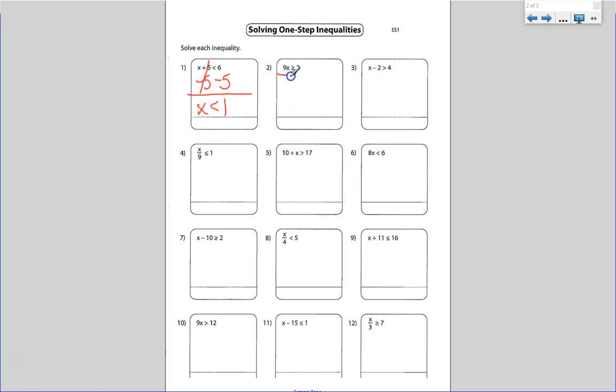Again, we divide by that coefficient and do it to both sides, so those 9s cross out. x is greater than or equal to 3/9, which simplifies down to 1/3. Over here, same thing. We're going to add 2 to both sides, and those are going to cancel out, and we would be left with x, and then 4 plus 2 would give us 6. Sorry, that got a little sloppy right there.